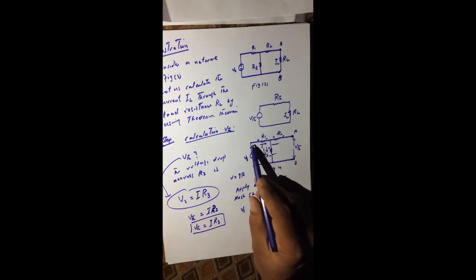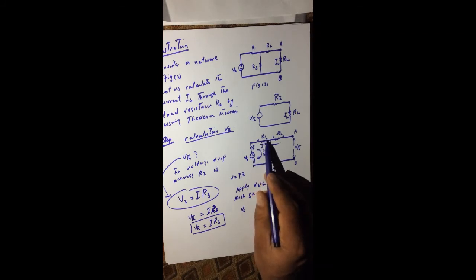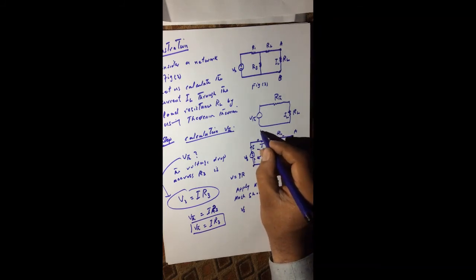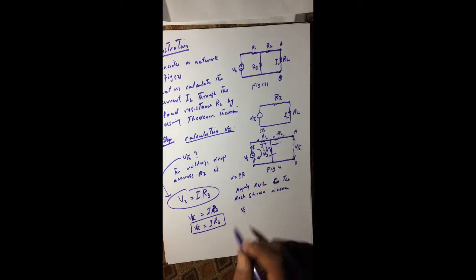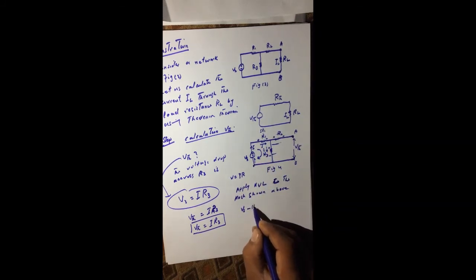Then we will reach this point. Here we are moving from higher to lower, from positive to negative. So the voltage drop across this one is I, the current flowing through this resistance, and the resistance is R1. So it will be minus I R1.